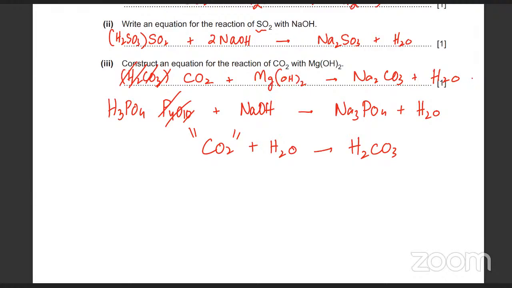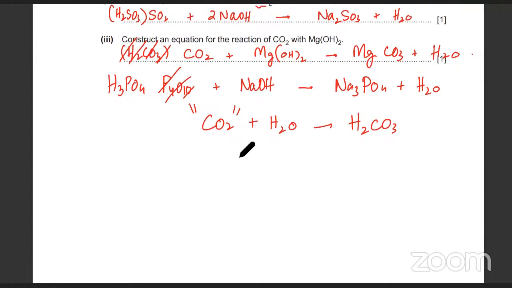And here it's going to be MgCO3 then. It's going to be MgCO3 and water.